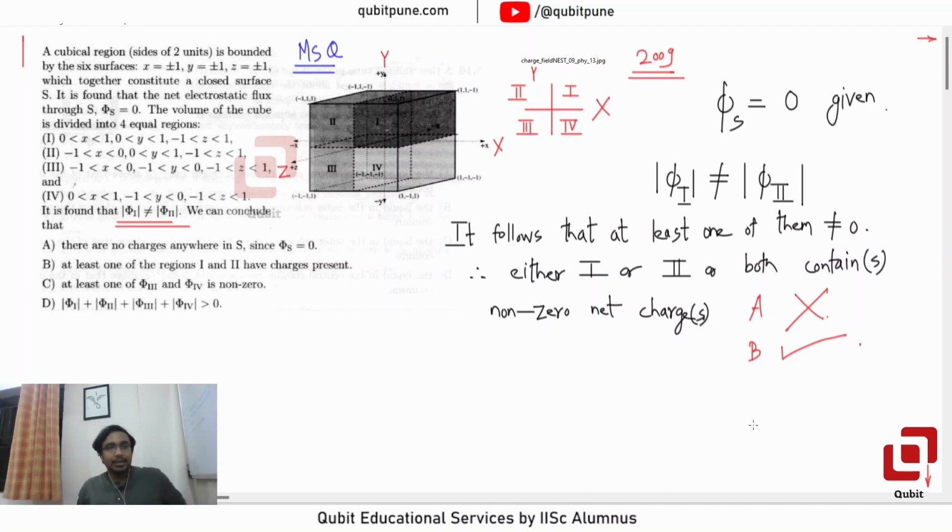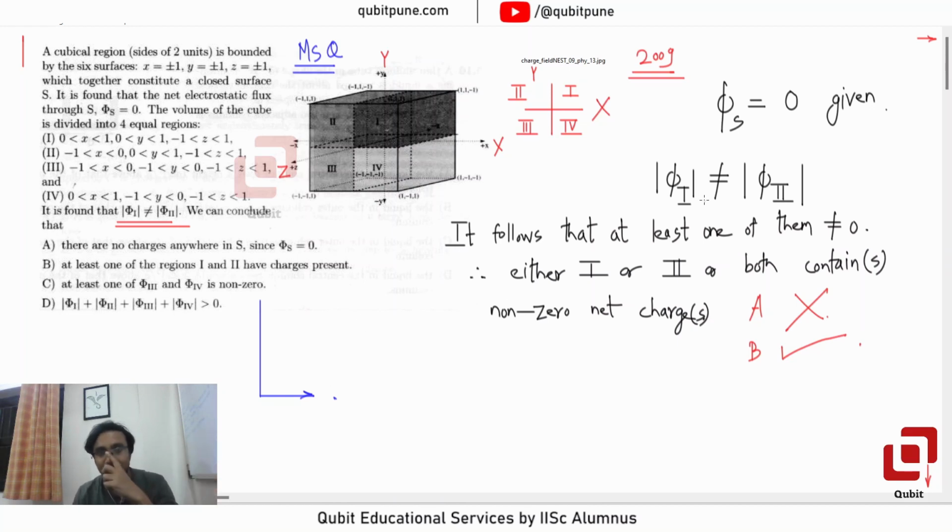Now let us go to option C. At least one of phi 3 and phi 4 is non-zero. Will C be right, or will C not be right? It should be true.